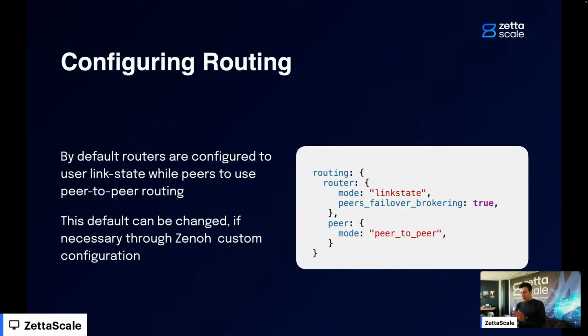How do you configure routing? Well, you configure routing with these parameters in the Zenoh configuration. And again, by default, as I mentioned before, routers operate under link state and peers operate under peer-to-peer mode.